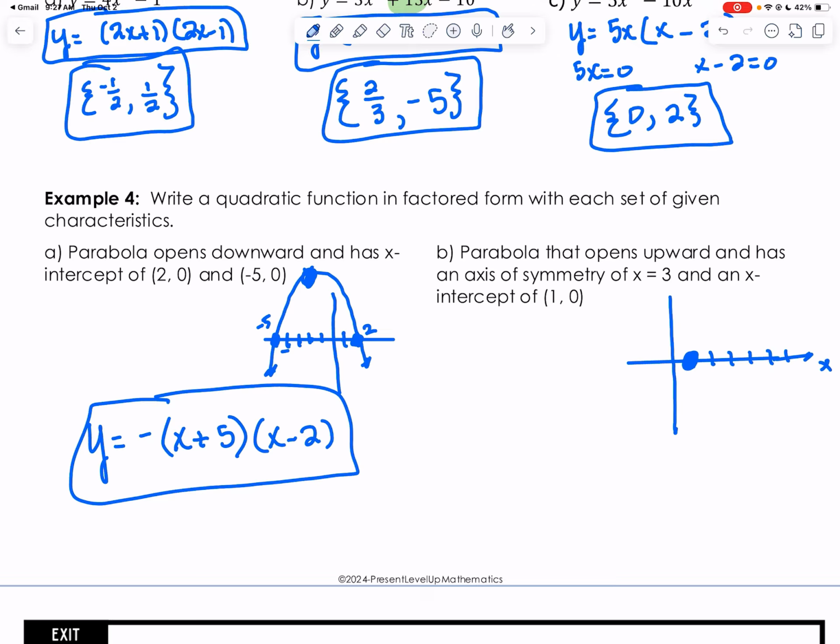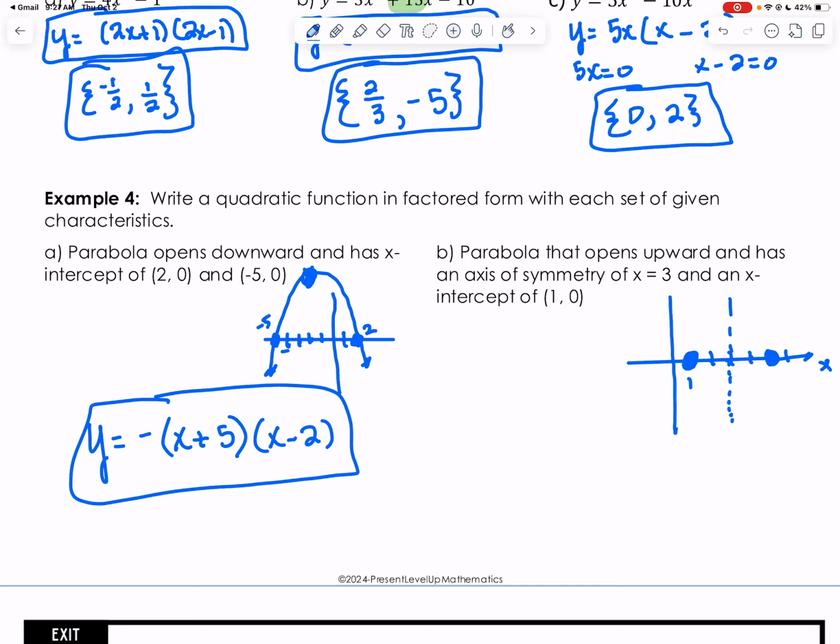Now we have an axis of symmetry at x equals 3. So 1, 2, 3. That would be right here. Okay. Now they did not give us our other 0, but we can figure out what it is because from the first 0 to the axis of symmetry is 2 units. So I can go 2 units in the opposite direction, and I know I have a 0 right here.